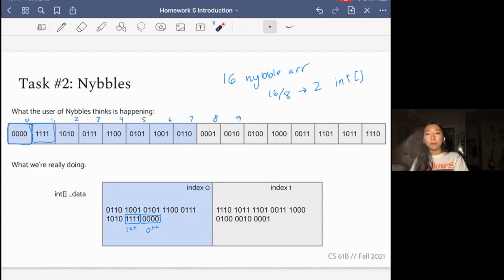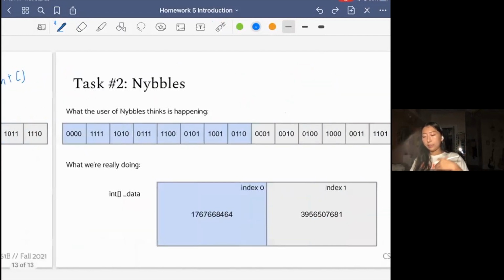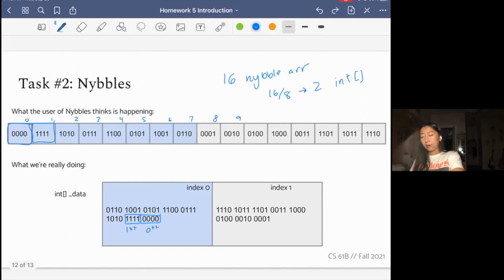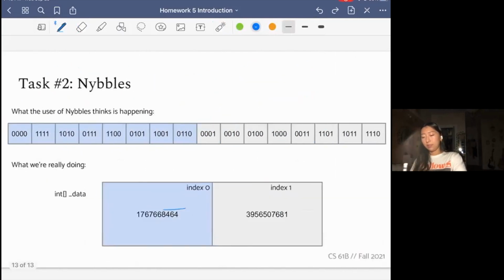I do want to point out that it's easier to think about things in groups of 4 binary numbers, right? At least for me, that's how I like to think about it. But maybe you, for whatever reason, like to convert all of these into decimal, and you can think about it that way. Or we can even point out that this altogether, if you were to look at it in the debugger or just look at the number, this binary number actually corresponds to this decimal number.